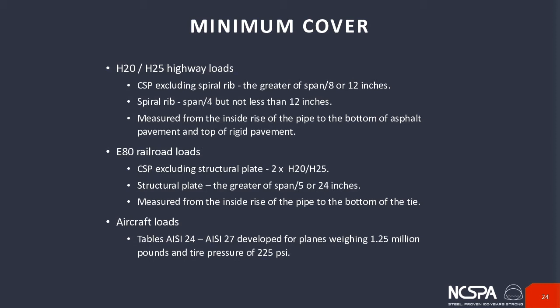So usually it's 2 times whatever is required for highway loads, or for structural plate, it's a span over 5, not less than 2 feet. And then for aircraft loads, again, there are tables that you can go into depending on the size of the airplane that's being designed for. You can look up what the minimum cover requirements are for some of those aircraft loads.